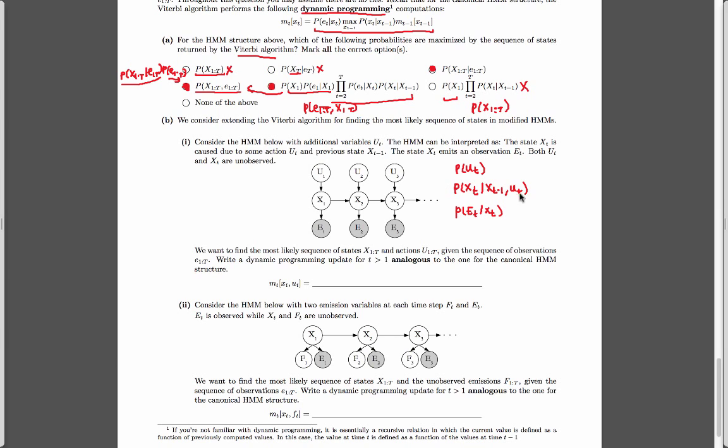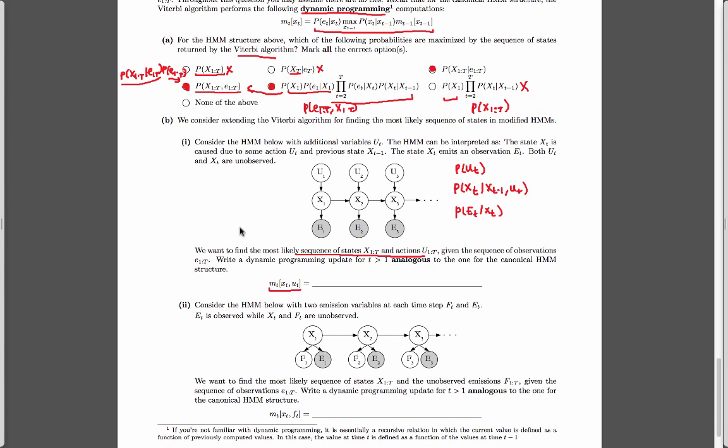So we want to use these to compute the most likely sequence of states and actions. We now have an update that is a function of both x_t and u_t. So the goal is to find the most likely sequences of states and actions given the sequences of observations.